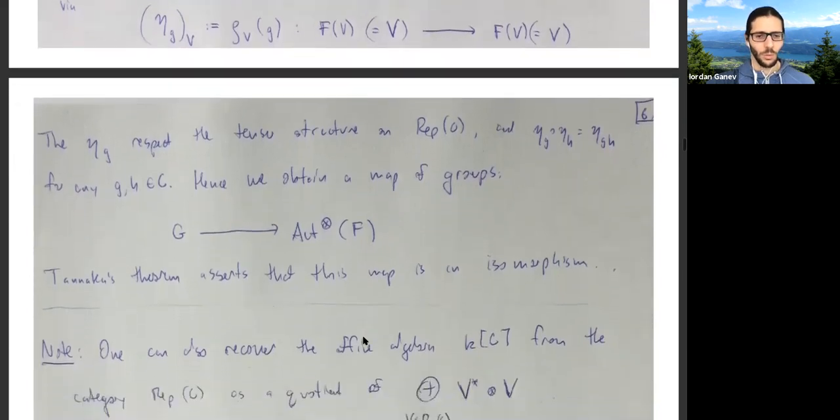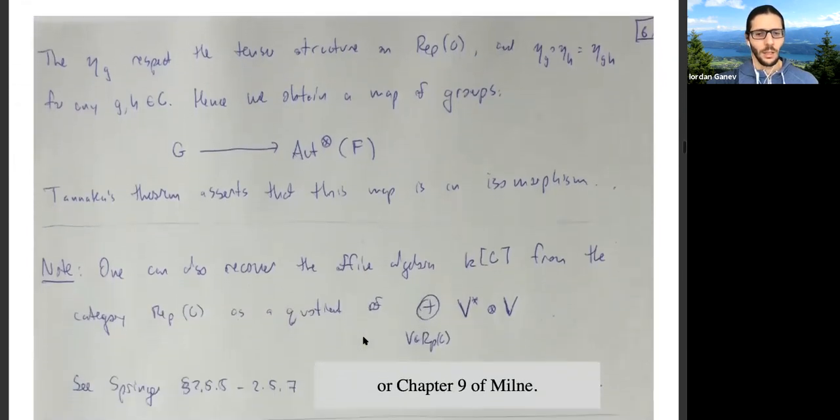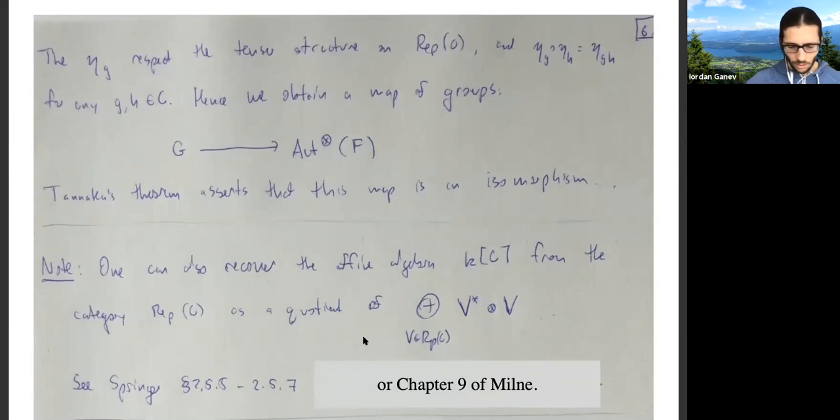One more note about this is that it recovers the group as a group. Maybe you're wondering about the algebraic structure. Well, you can also recover the affine algebra from the category. It will be a certain quotient of the following space.